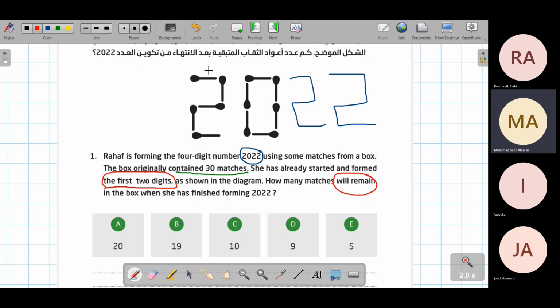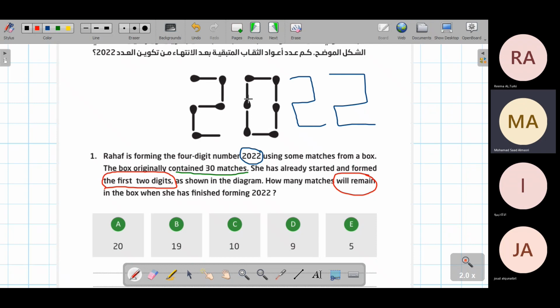For example, for the number 2, how many matches did Rahaf use here? 1, 2, 3, 4, 5. Yes, 5. So 5 matches for the number 2.